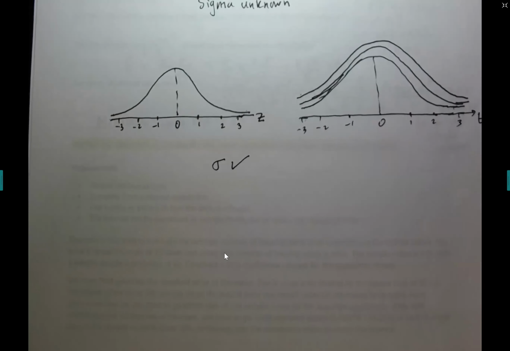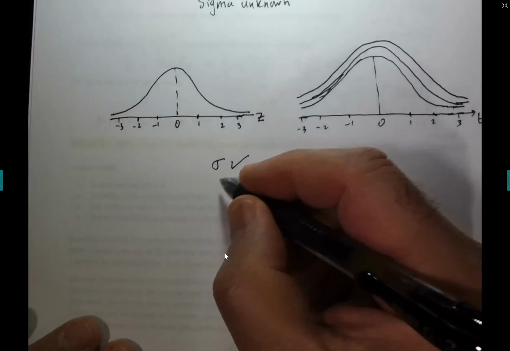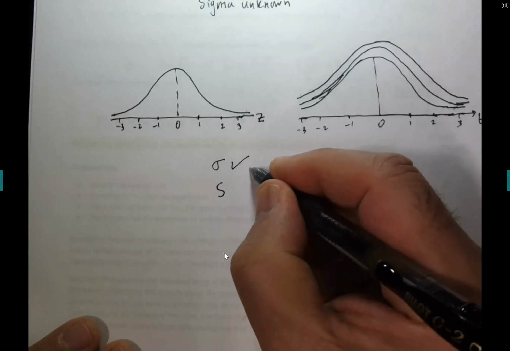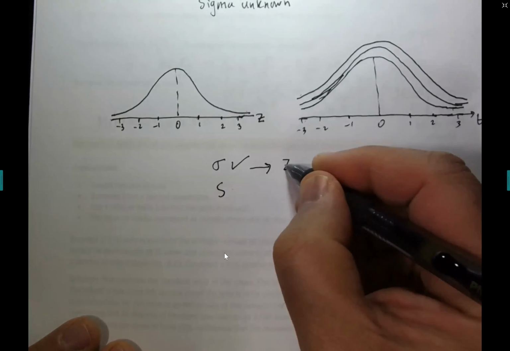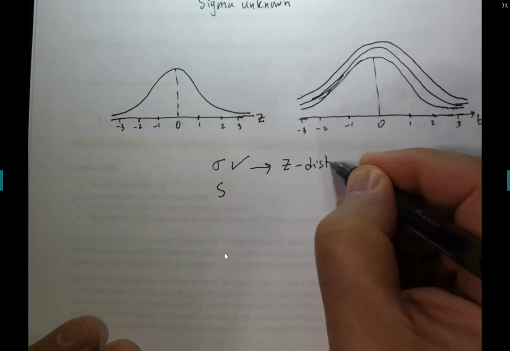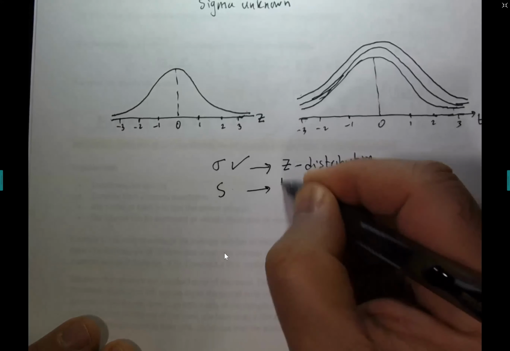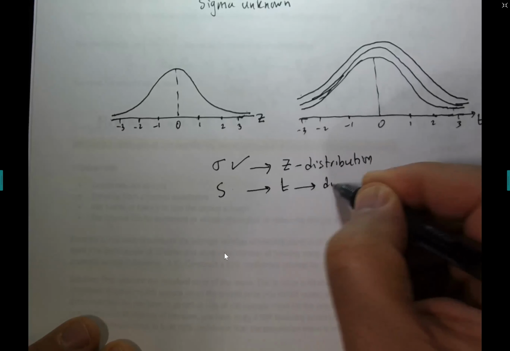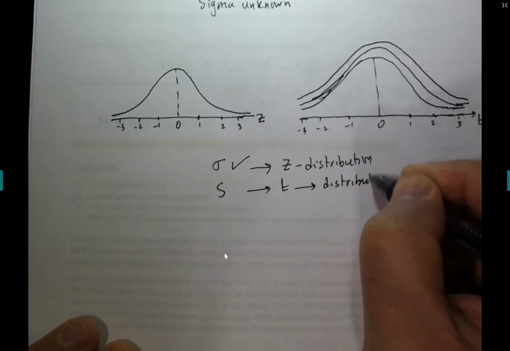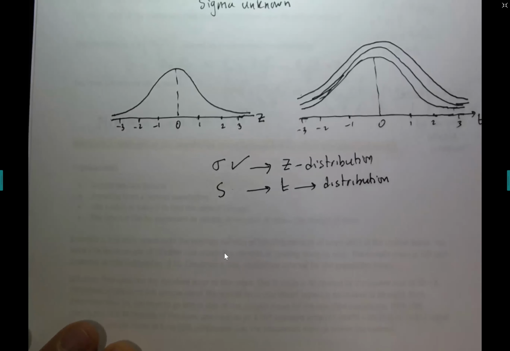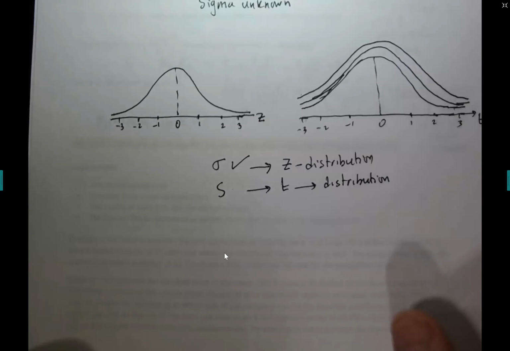But if he says the sample standard deviation is, that means he's giving you S. So a sigma means a z distribution, and an S, we use what we call a t distribution.